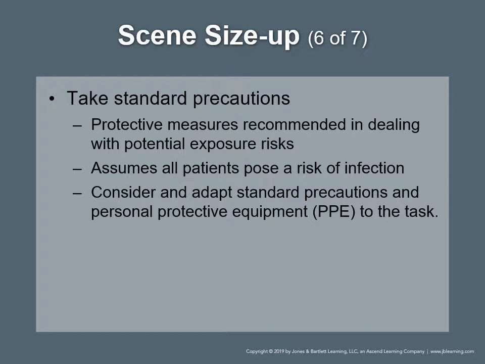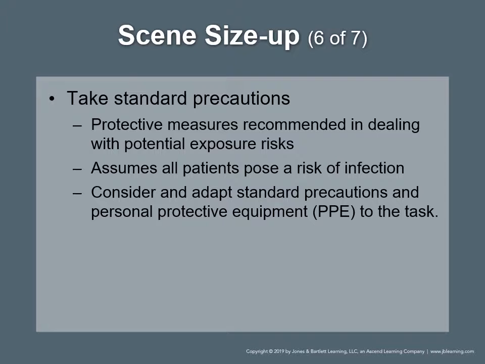Okay, taking standard precautions. This is a method where we assume that all body fluids are dangerous, they're infectious. So we protect ourselves from that. We wear gloves at a minimum to protect ourselves from any infectious diseases or anything getting on our hands.